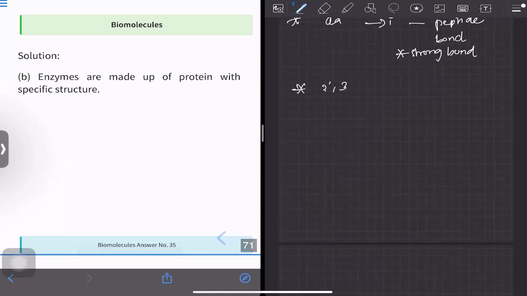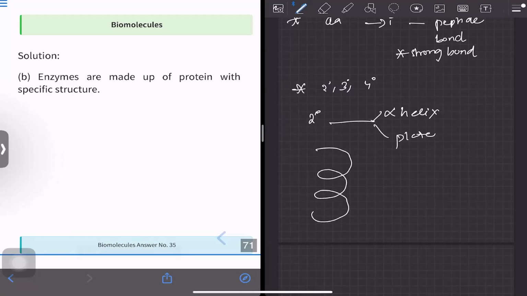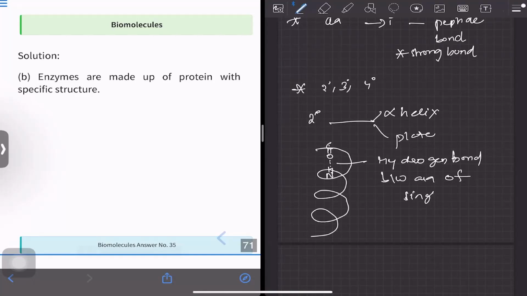And secondly, the secondary structure, it is alpha helix and pleated sheet. In the helical structure, C double bond O and NH share hydrogen bonds that are present between amino acids of a single peptide chain.